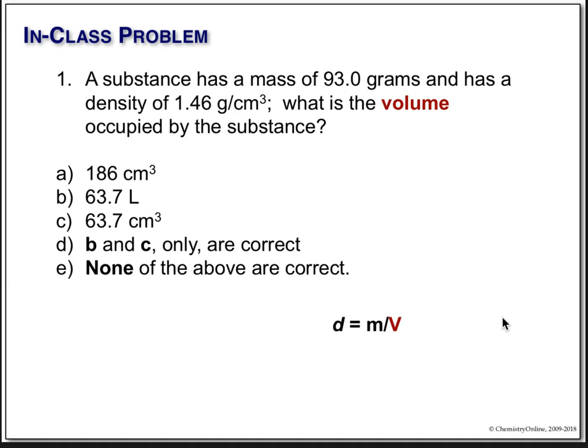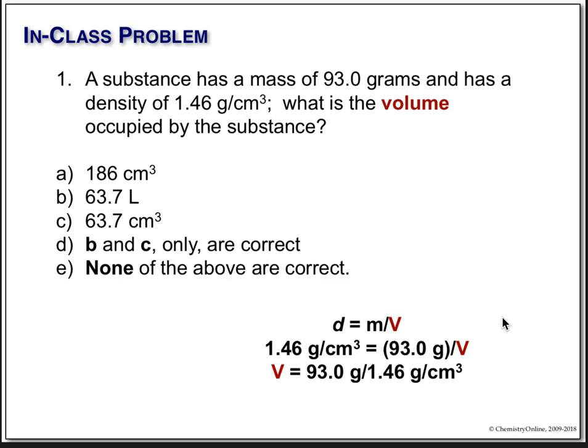Let's just use the formula here. Mass divided by volume. Again, our mass is 93. This is our density. We're solving for V. So here's our density. If we take our mass divided by our density, we should get volume.